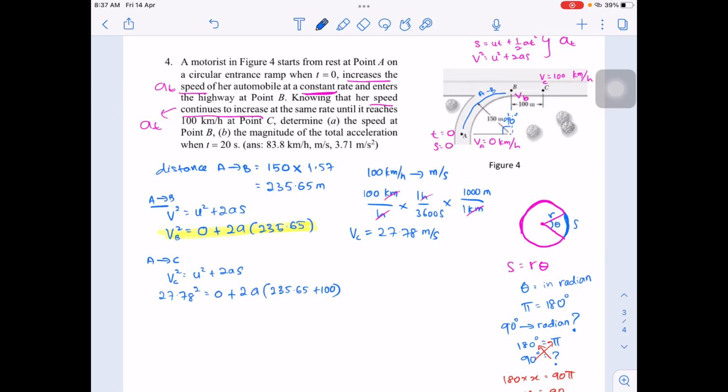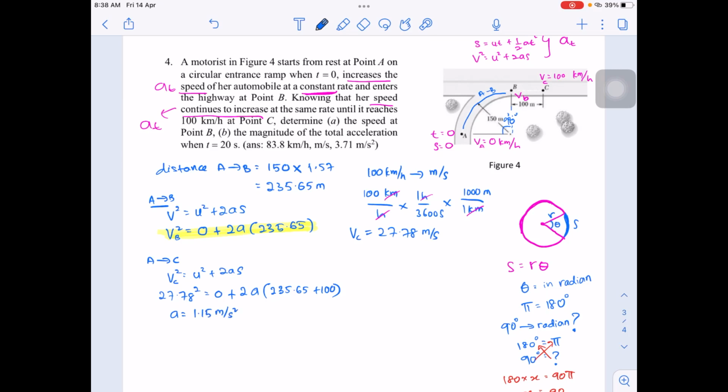So your A, just use your calculator lah. A is 27.78 squared divided by 2 darab 335.65, which is 1.15 meter per second squared.